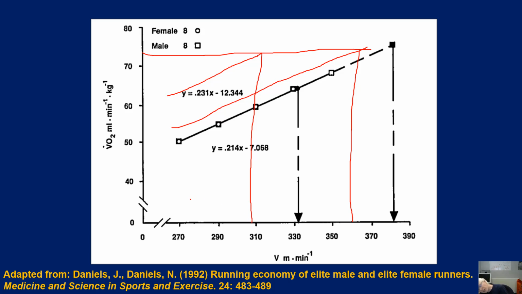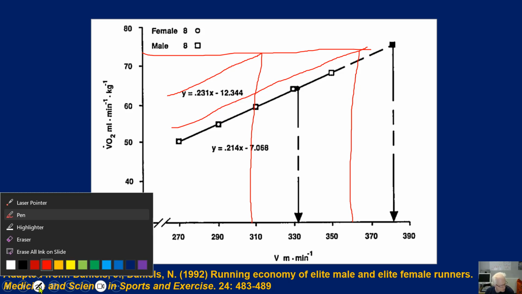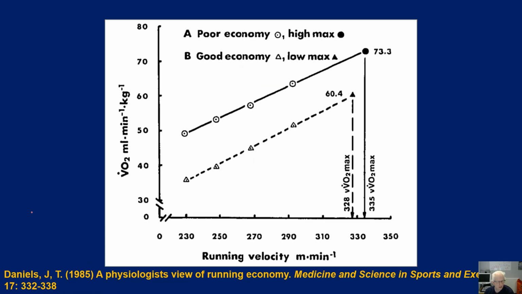Why is it important? It's important because this is actually a really good performance predictor in distances from about 3K to 5K running. And again, we can just re-emphasize the point, which is useful to do. You've got somebody with a poor economy but high max, and then good economy and low max. It's kind of reiterating what we were looking at. Look at how that plays out.